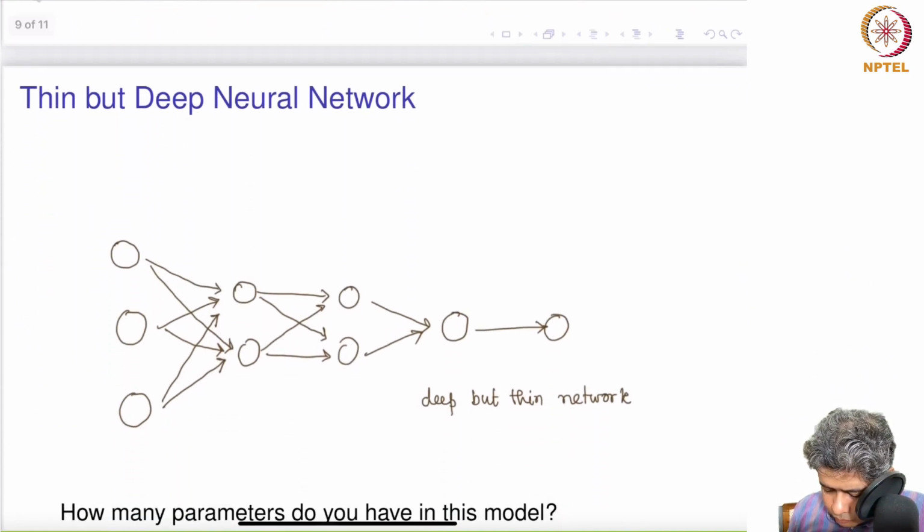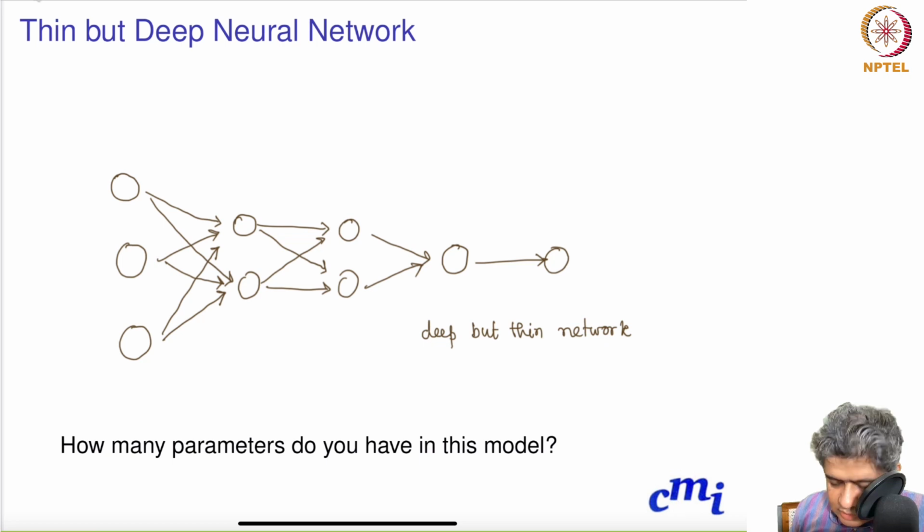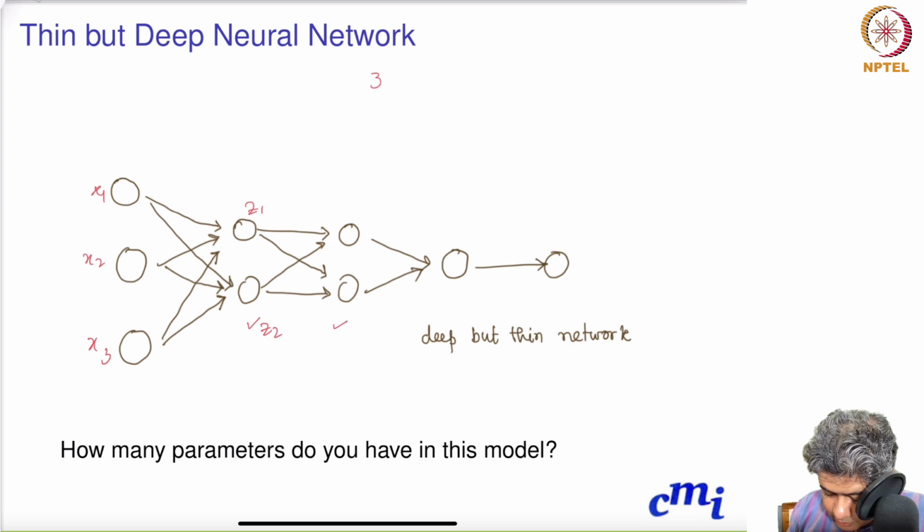Now with the same 3 features, you just decide, okay, I will go for 2 nodes, but 2 layers, with each layer having only 2 nodes. Then how many? So you have x1, x2, x3, you have z1 and z2. z1 has 3 parameters, z2 has 3 parameters, and then here you have u1, u2. u1 has 2, u2 has 2, and then finally p will have 2.